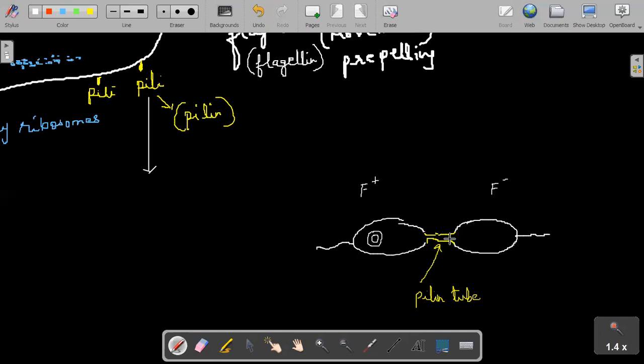This bacteria can give one of its DNA strands, released via this pilin tube, and it can enter the F negative strain of the bacteria. So it is giving off one of its strands to the neighboring bacteria via the pilin tube. This pilin tube is also called the conjugation tube.